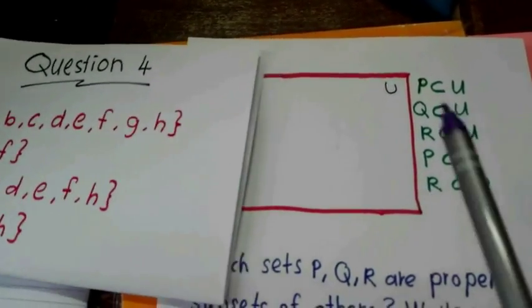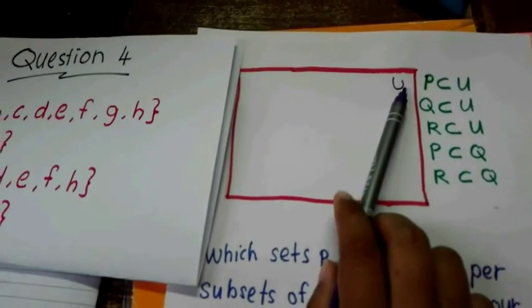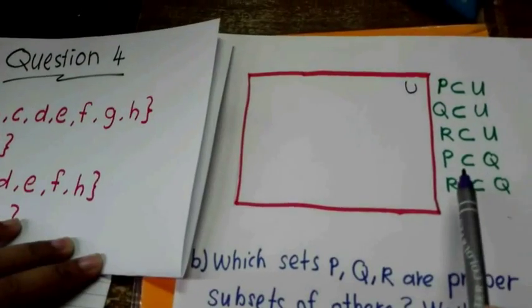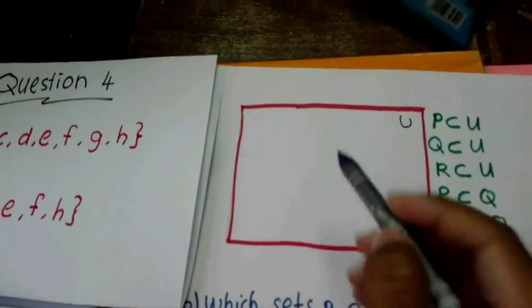Thus, we will pick the universal set, which contains the sets P and R. We will draw it as the bigger diagram.